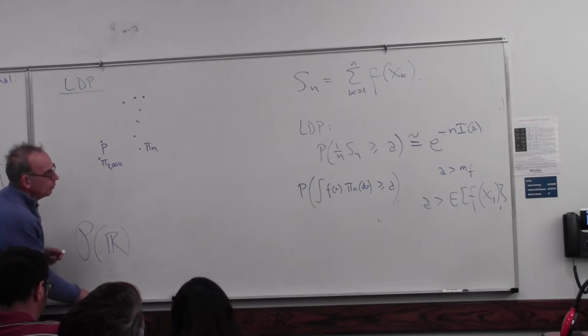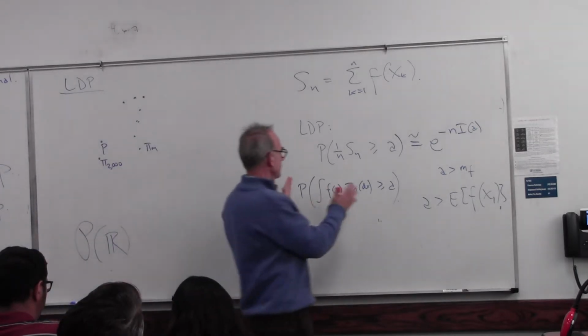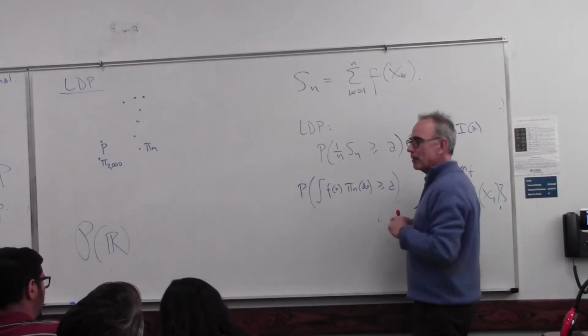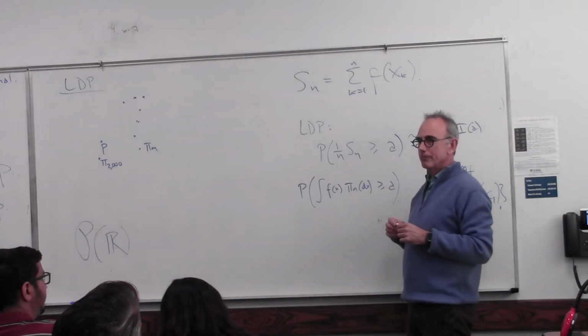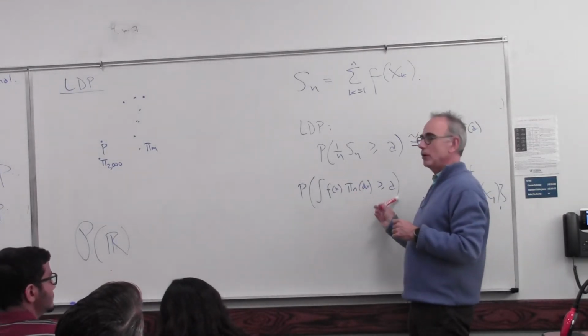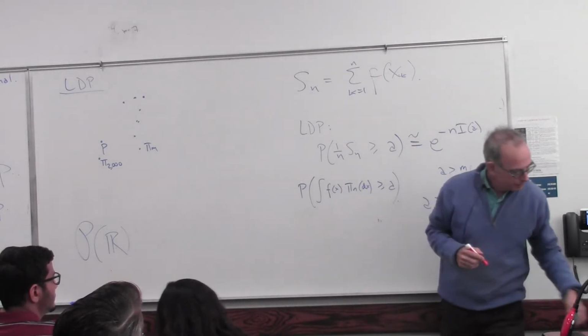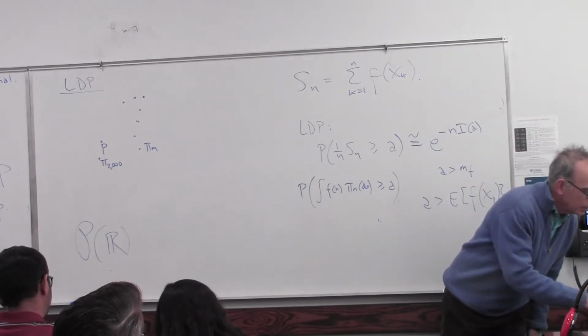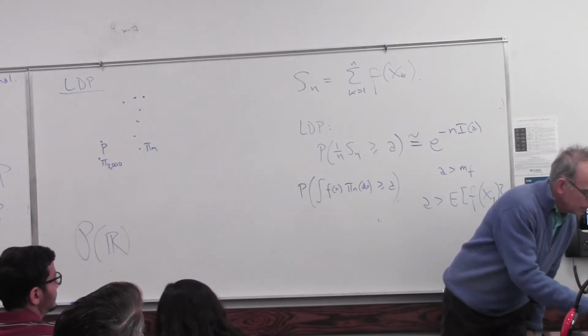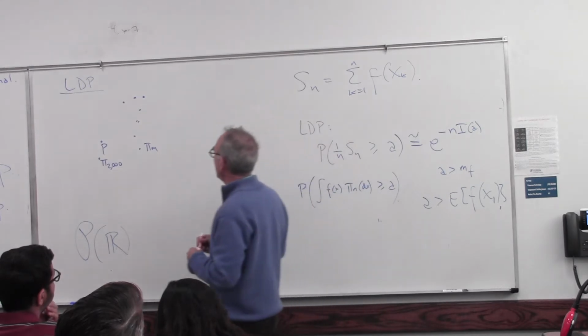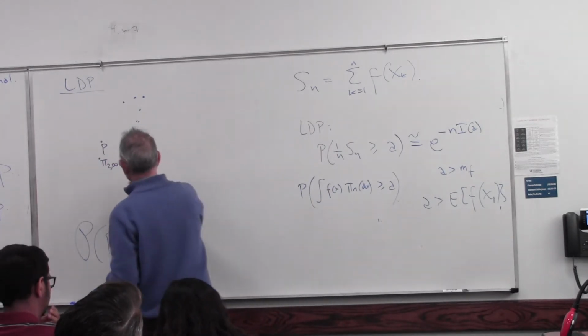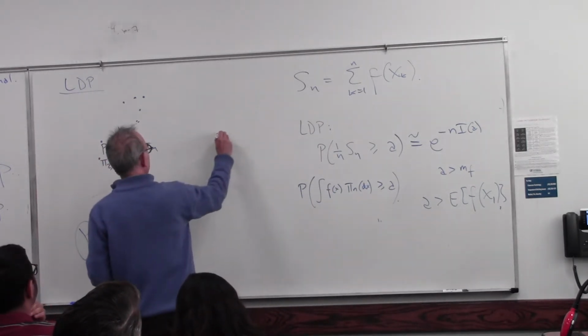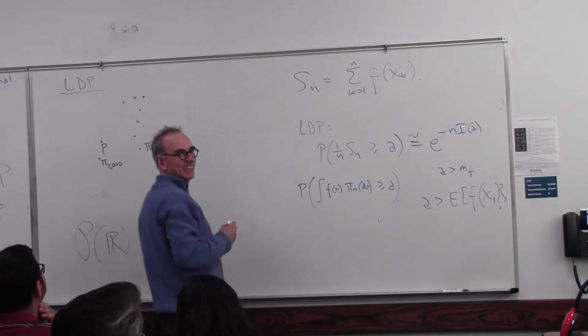But when I'm looking at this event, it's a half space constraint in the space of probability measures, because it says that pi dot f is greater than or equal to A. So this is the picture we're going to exploit.